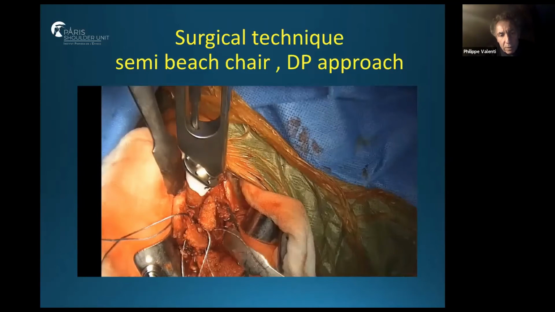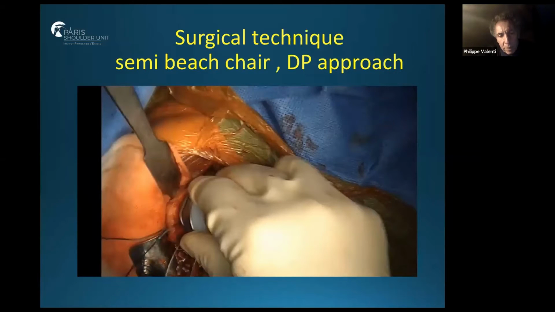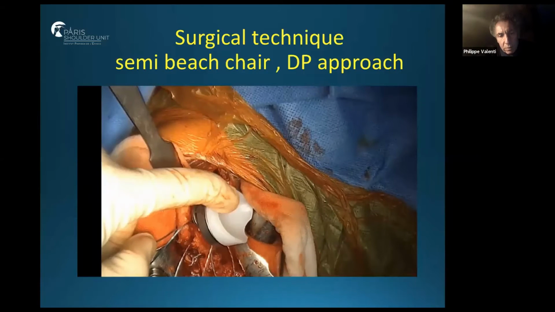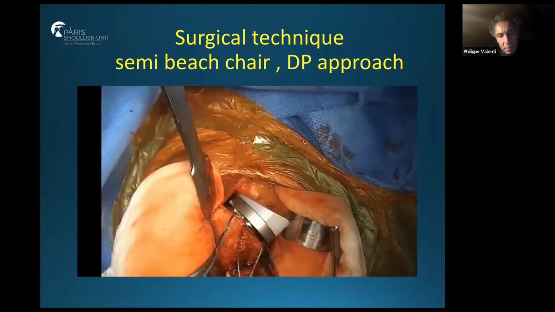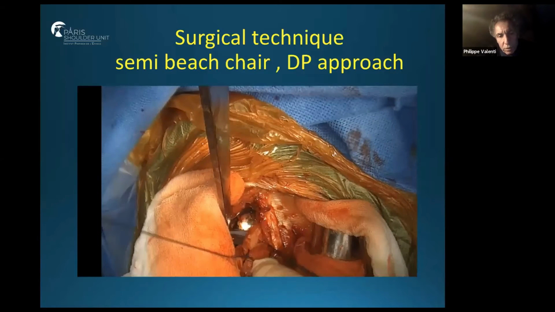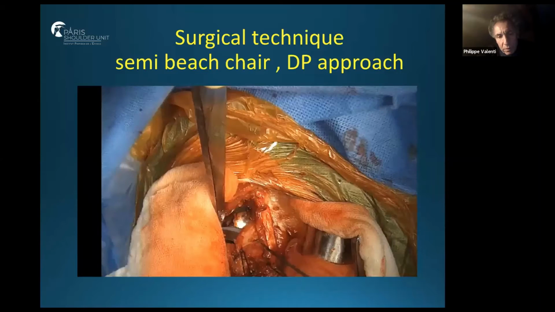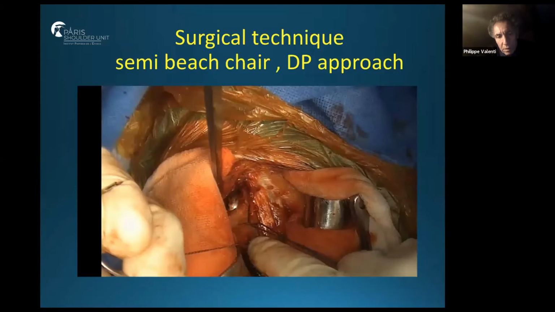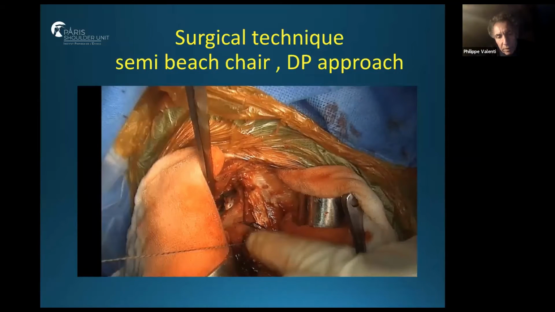We don't use any cement except for osteoporotic bone, and we impact, and after we reduce, it's very stable. You test in abduction and in adduction, and you do the double repair of the subscapularis: medial repair, and lateral, transverse repair.